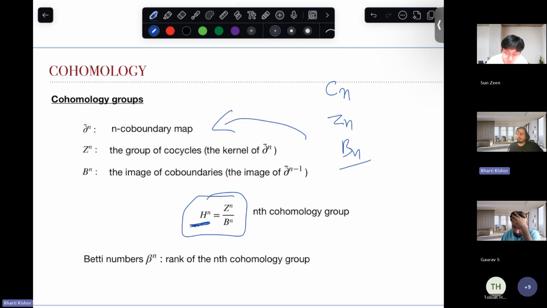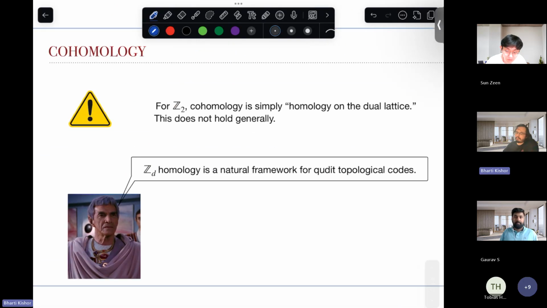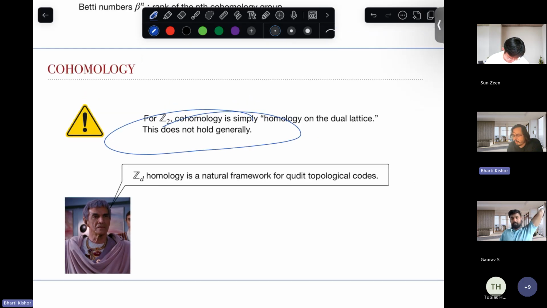The rank of the nth cohomology group will give you this dual kind of Betti numbers, beta n. So once you understand homology, cohomology is just a dual characterization, at least in the case that we are thinking of. For Z2, cohomology is simply homology on the dual lattice, but this does not hold generally. But who cares? For our case, maybe it's okay. Obviously, for qudits and so on, things will be more complicated.